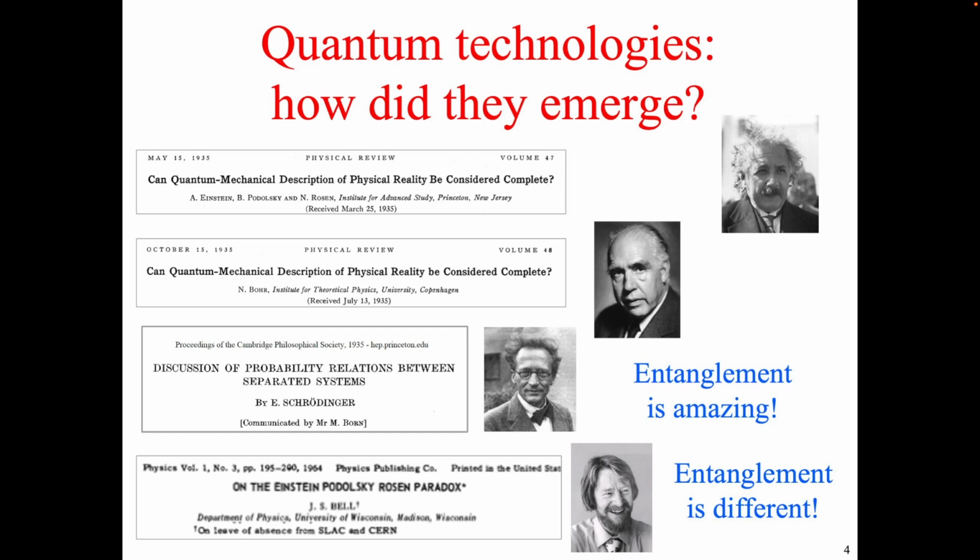And then they had to wait another 39 years, and John Bell came, and to make a long story short, the conclusion of John Bell is entanglement is different. Different of what? Different of the way people were thinking about quantum mechanics, and in particular the linearity of quantum mechanics.